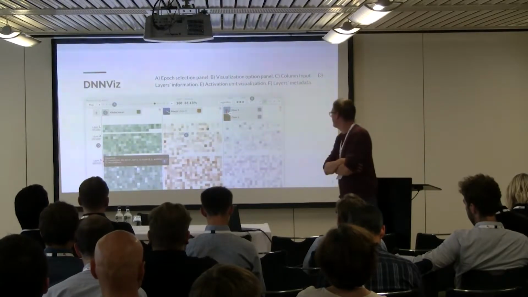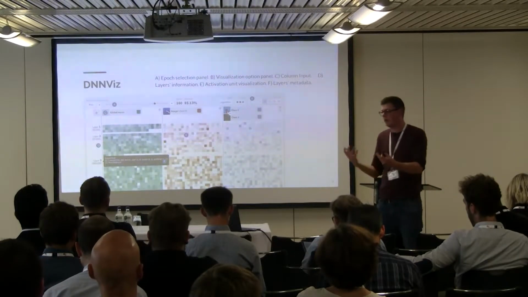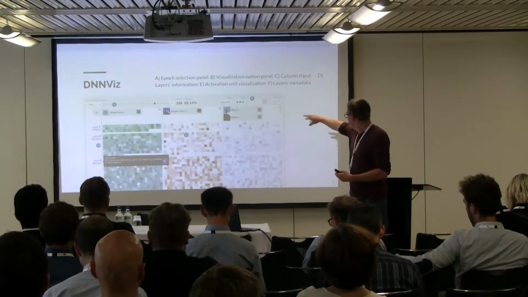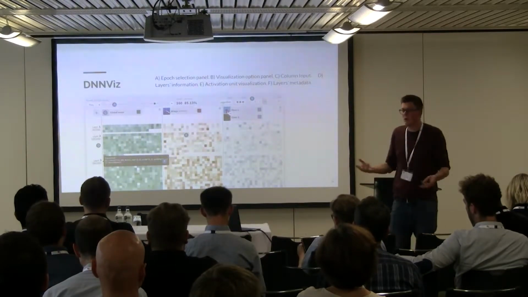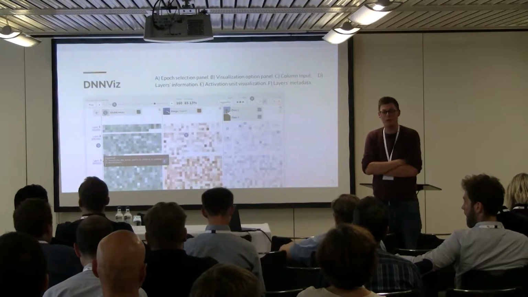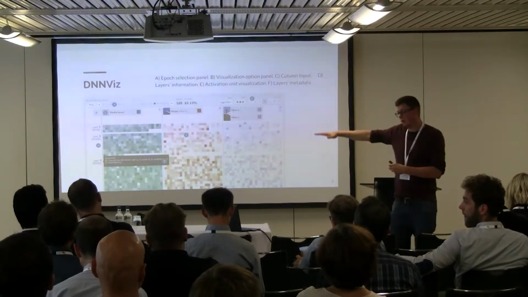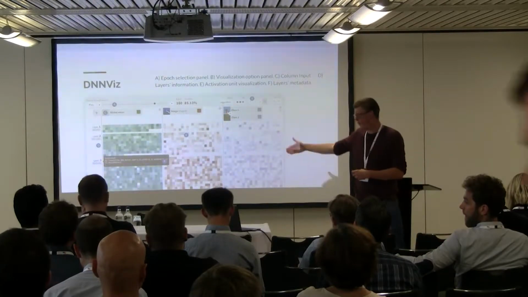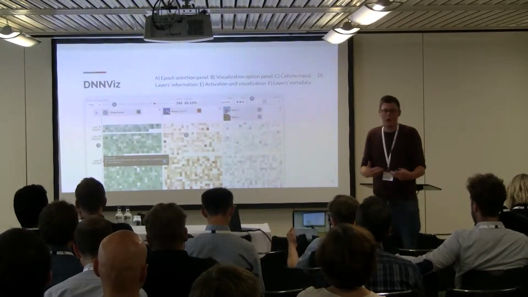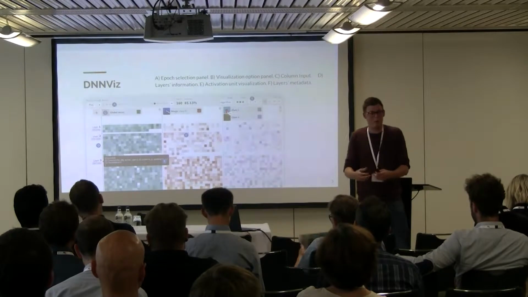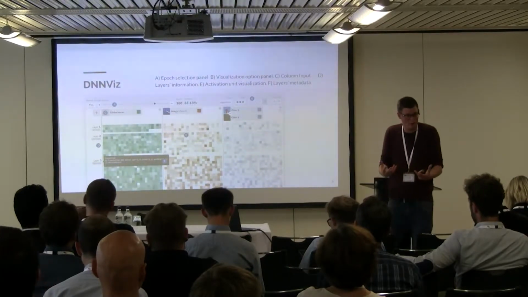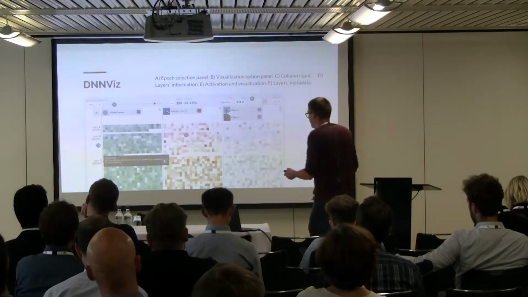You have some metadata like the accuracy at the given epoch. On the right you have some settings and visualization settings. And on the left you have the structure of the network with all the layers, the number of units inside each layer, and also metadata about the layer specifically to know what is inside.